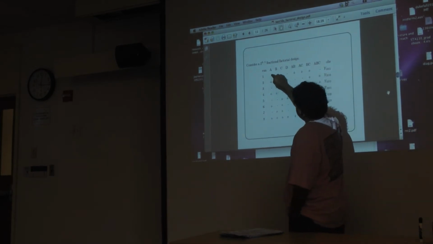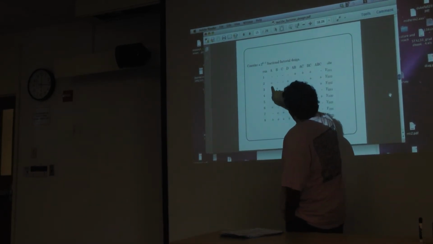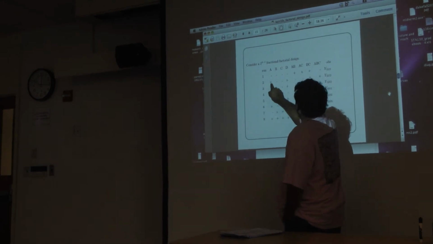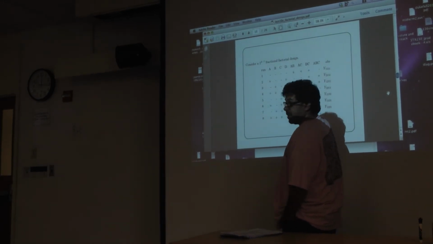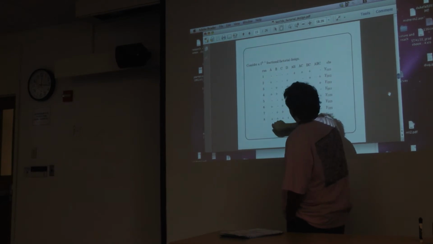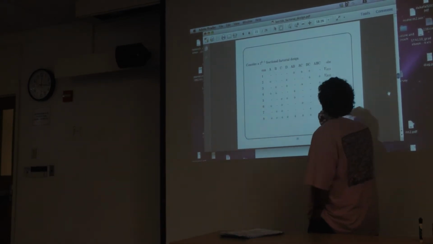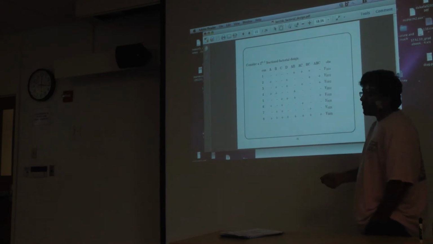Now, same story. All minuses, A, B, C, D, all low, high, low, low, high, and so on. You have to check these all add to 0 in terms of the pluses and minuses. So what would my estimate of the main effect be?